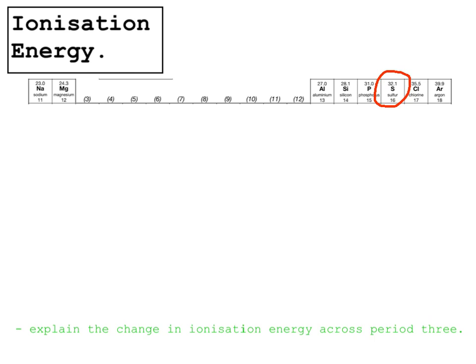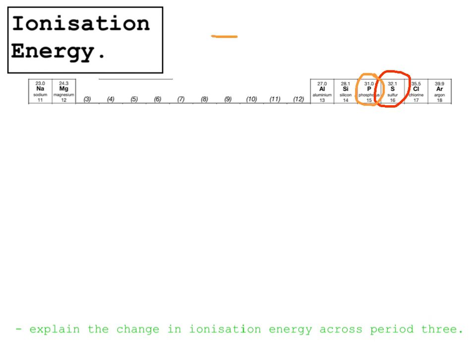So when we're explaining why sulfur is different, we're going to be comparing it to the one before it, which is phosphorus. So why is sulfur different? Well, if we look at where the electrons are for phosphorus, we're just going to focus on the p orbitals.